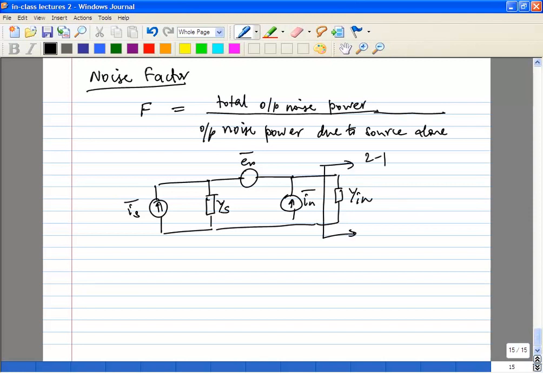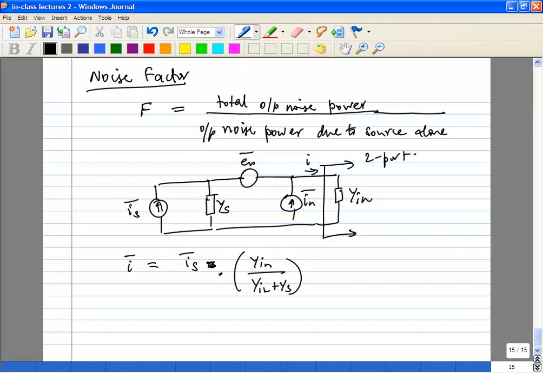And this is your two-port, and Yn is the input admittance of the two-port. What is the current flowing into the two-port? The total noise current. You can consider each one of these separately and arrive at a conclusion. So let's first do this: Is times Yn over Yn plus Ys.